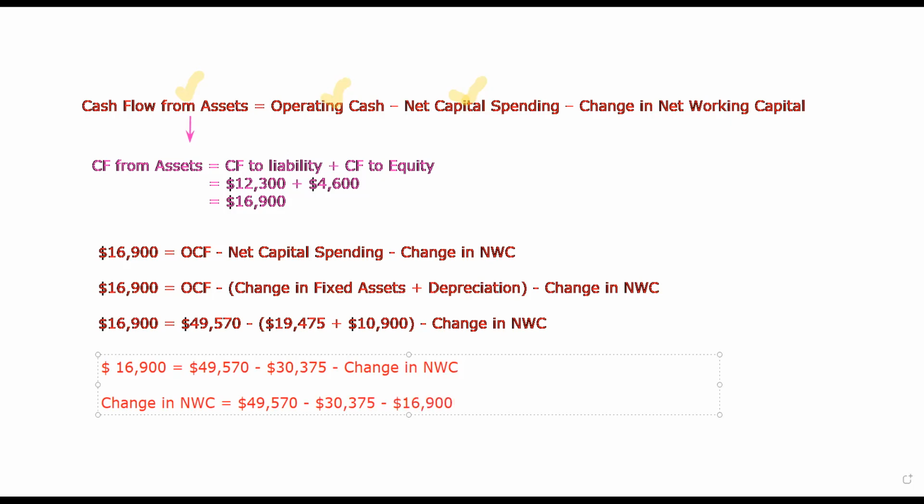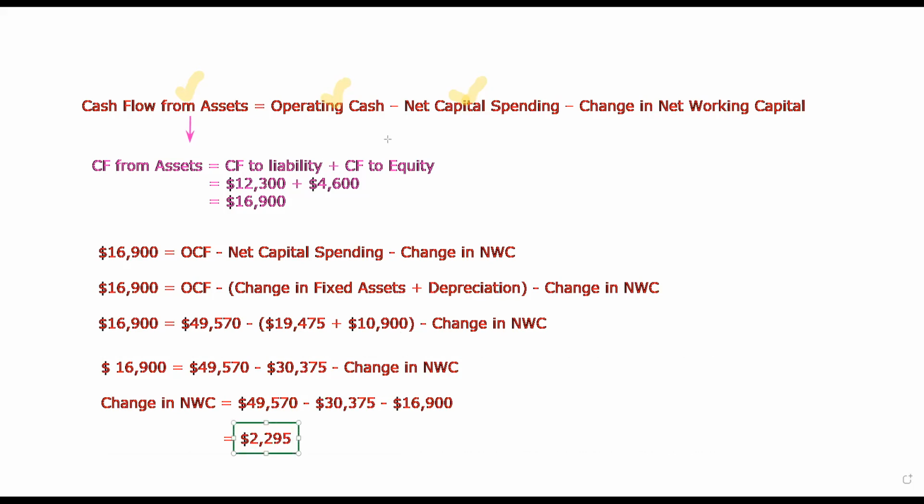Quite fun, right? Finance. So we put that into the calculator: 49,570 minus 30,375 minus 16,900 equals 2,295. Let's see if the answer is correct. Yes, 2,295 is the final answer.